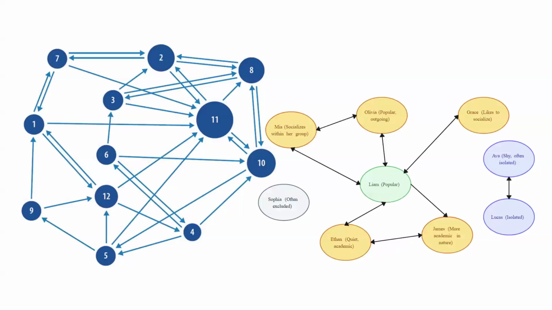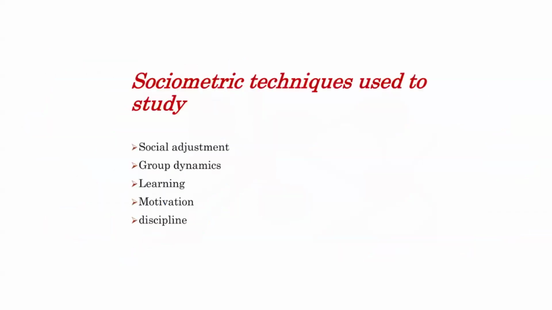Here is the diagram. Again, I have given you the diagram in a different way. You can study some different ideas I have given here. So, sociometric techniques are used to study social adjustment.